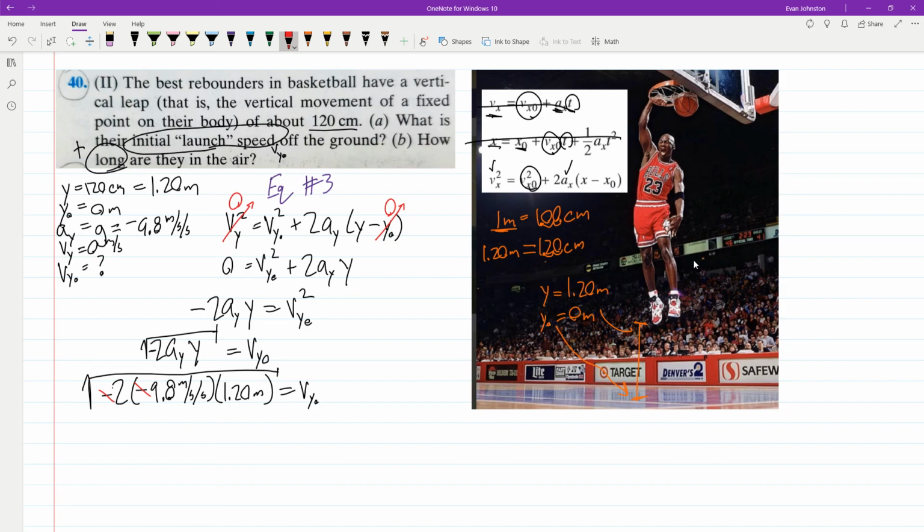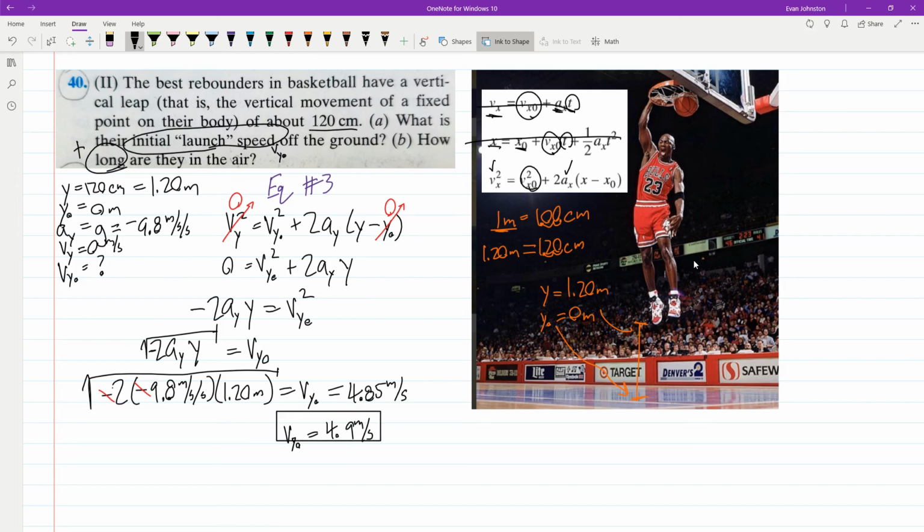So we have this double negative, it becomes a positive, and what we get in the end is that he's going 4.85 meters per second. So that's how quickly he's going when he first takes off the ground. And we should have 2 sig figs, so that rounds to 4.9 meters per second, which is pretty quick. That's a pretty quick takeoff.